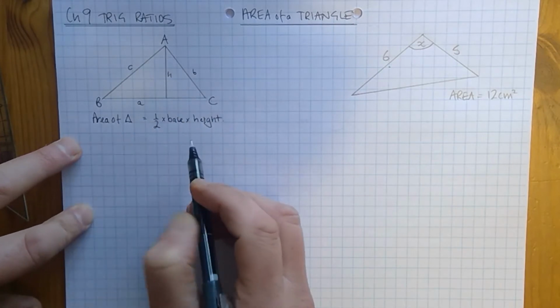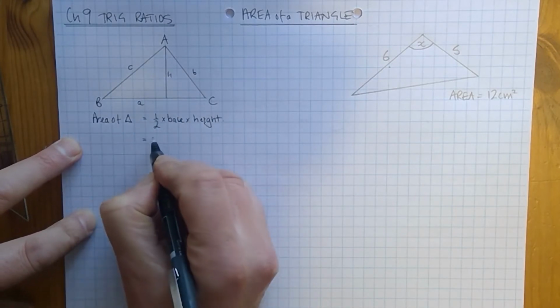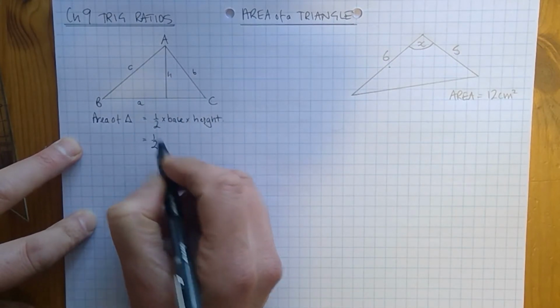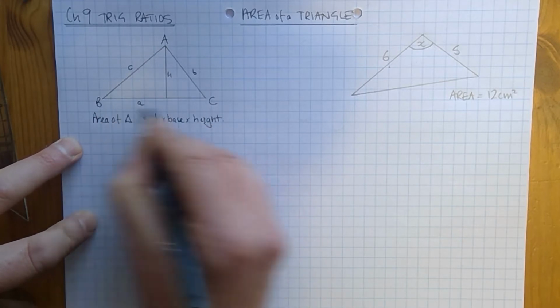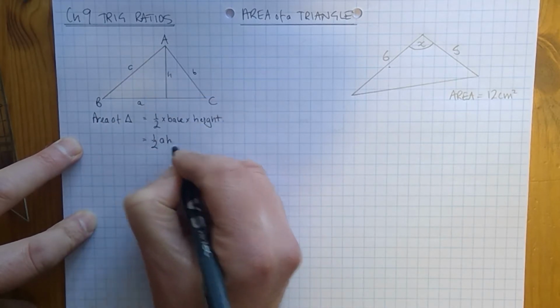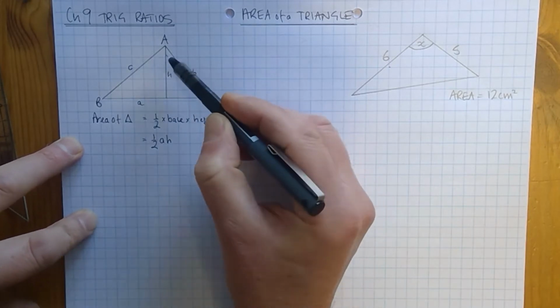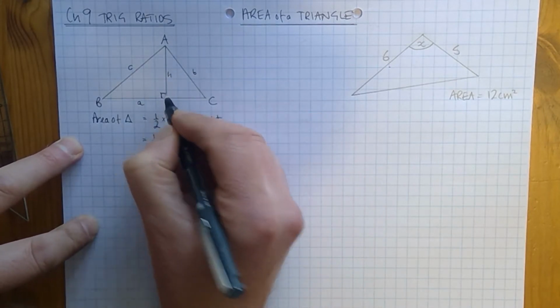In this particular triangle, that would be half times A times H.